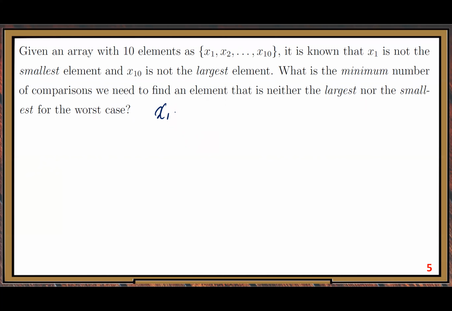What is the minimum number of comparisons we need to find an element that is neither the largest nor the smallest for the worst case?